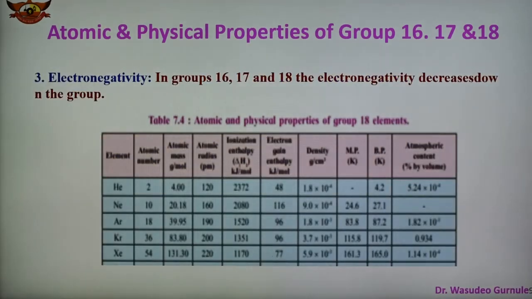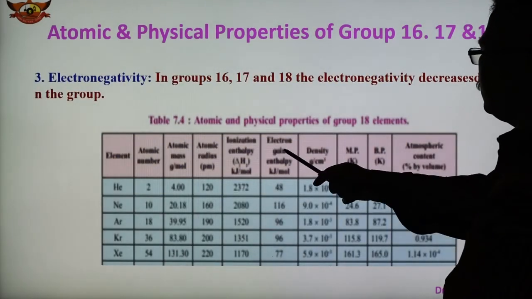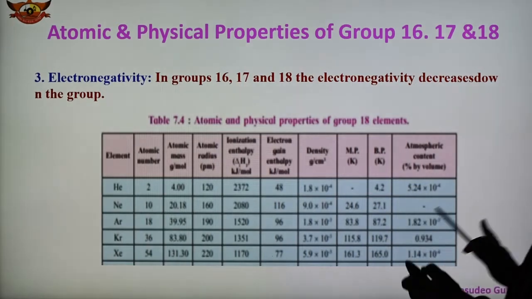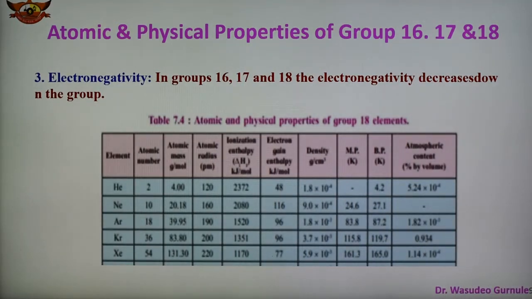In case of group number 18, the electronegativity value is not given because they are not electronegative.